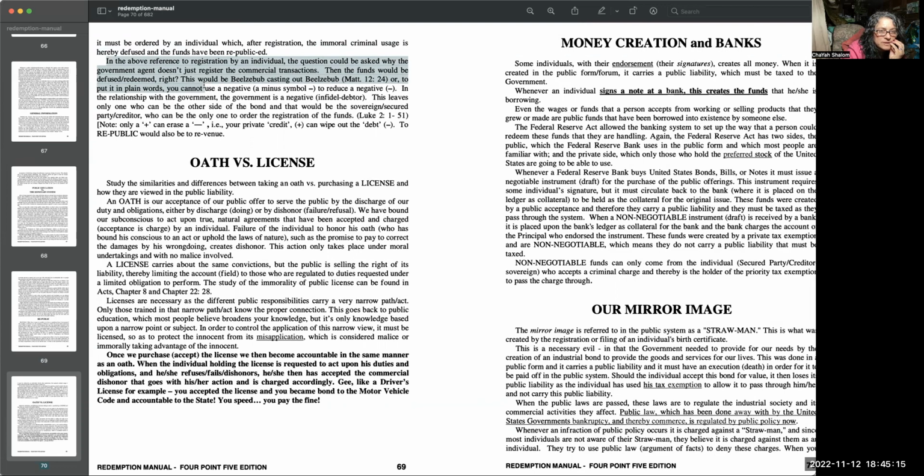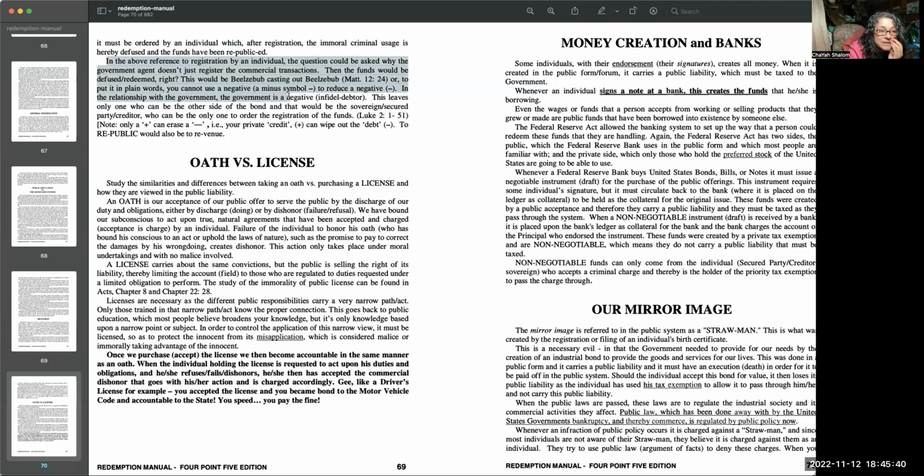So the Lord of the Flies casting out Lord of the Flies. Matthew 12:24. Or, to put it in plain words, you cannot use a negative, a minus symbol, to reduce a negative. Oh. Well, that explains that one remittance coupon I just did.